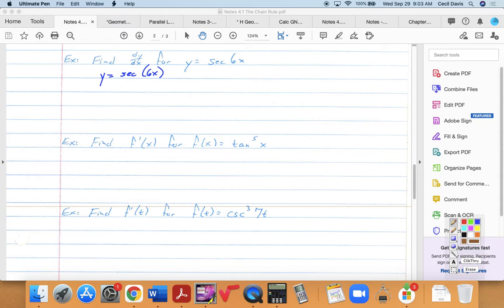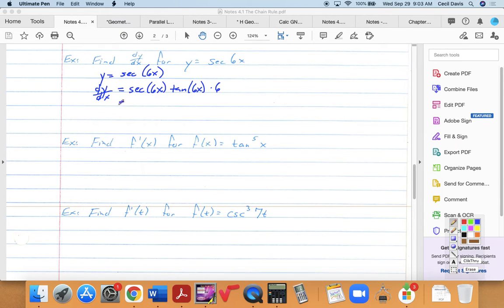So we'll take the derivative of the outer function, carrying the inner function with us. The derivative of secant is secant tangent. So that would be secant of 6x tangent of 6x, times the derivative of 6x, which is just 6.